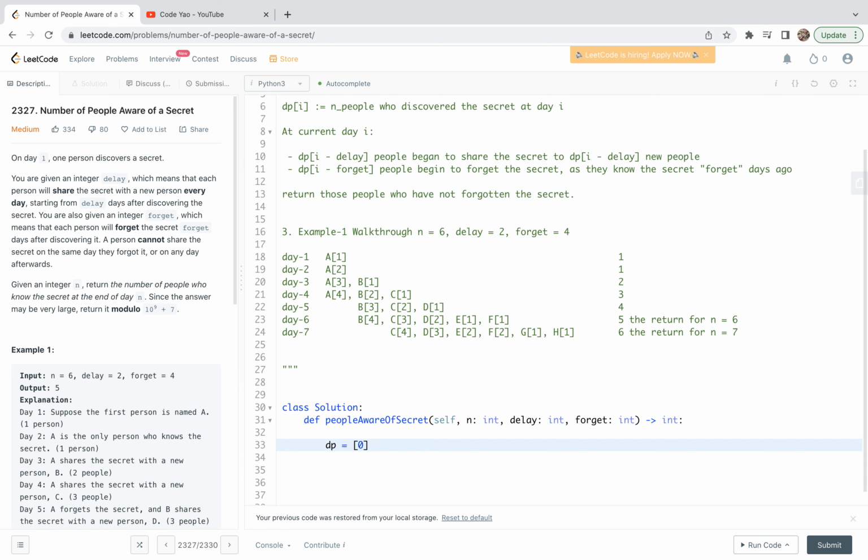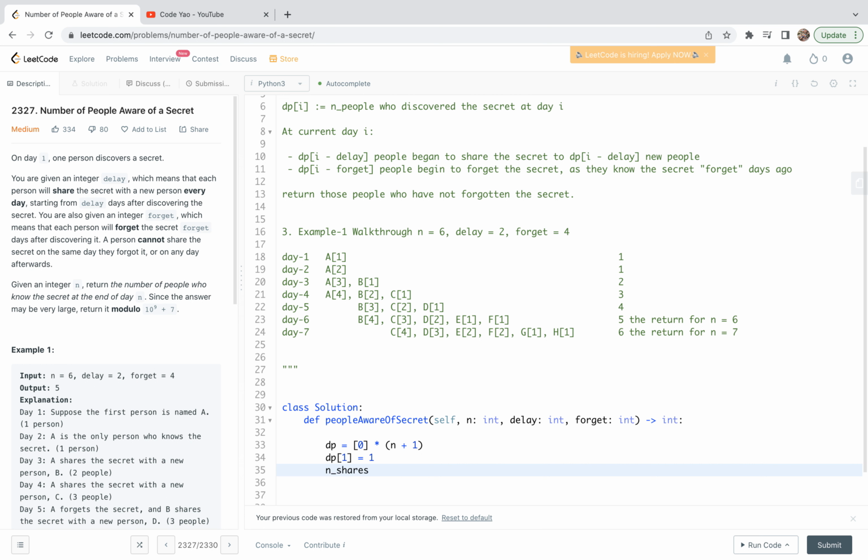First, I'm going to initialize a DP table. So here I'm initializing using 0 times n plus 1. We'll set dp1 to 1 because of the assumption at day 1, one person discovers the secret.